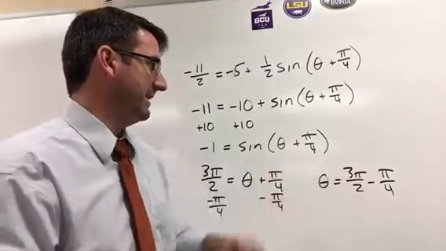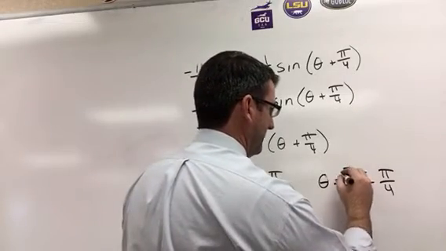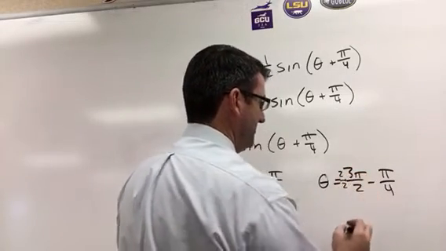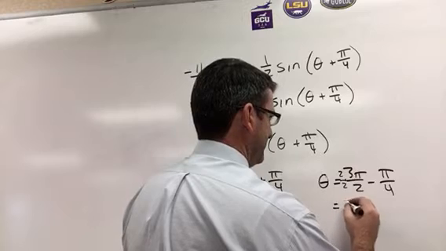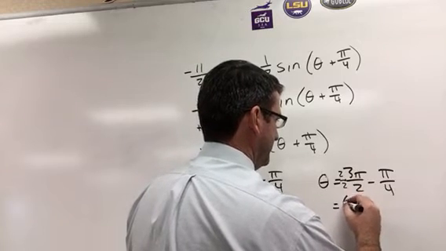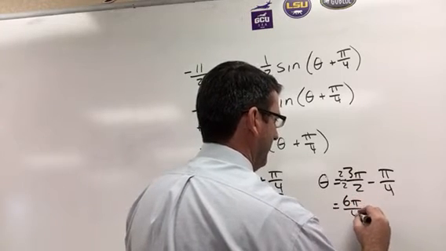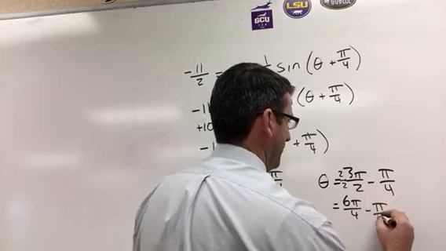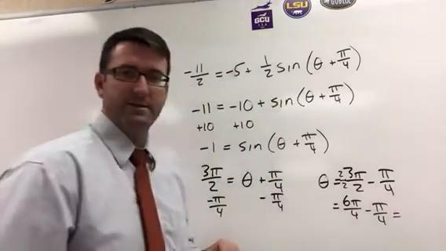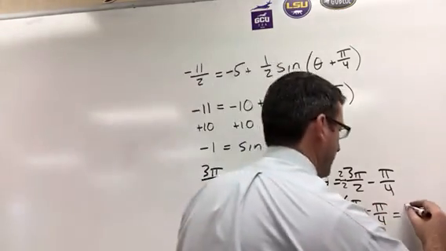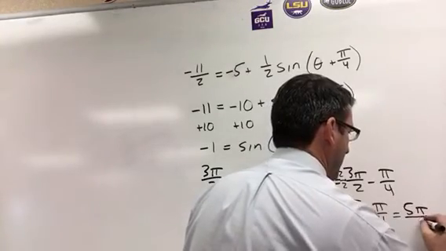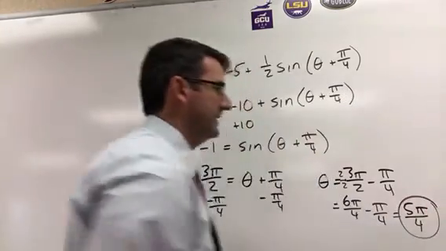And now we need to get a common denominator here, so we can multiply top and bottom by 2. So this is 6 pi over 4 minus pi over 4 gives us our 5 pi over 4, and that's our answer.